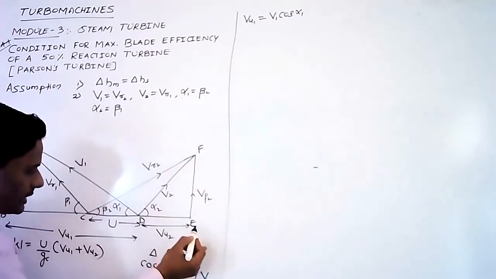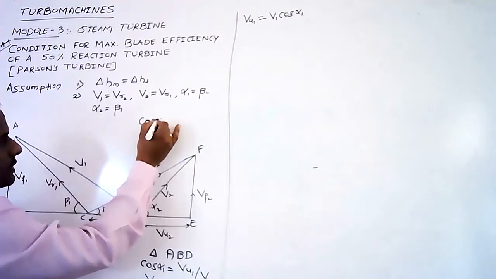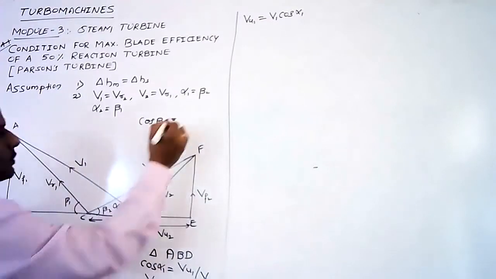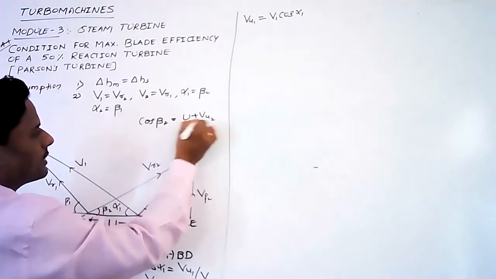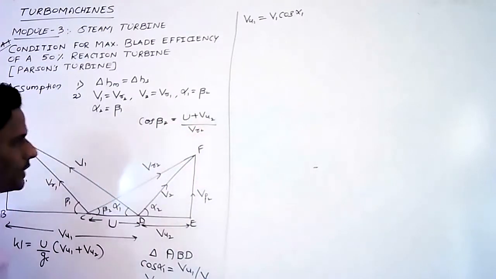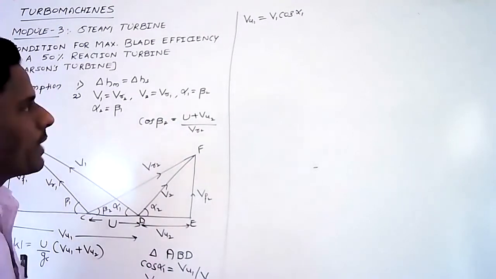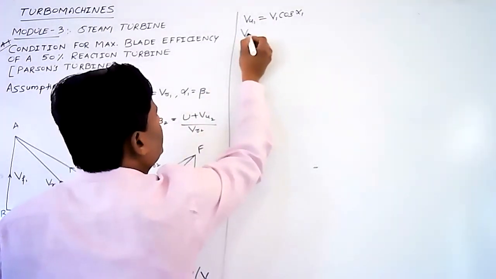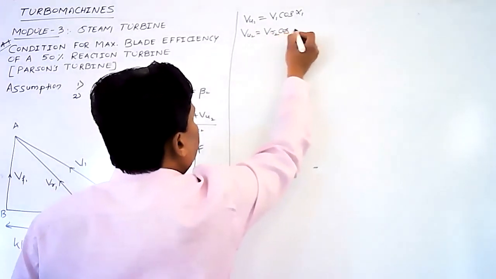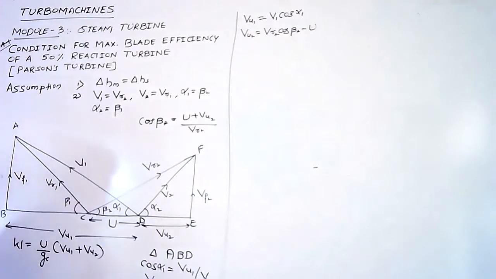From the triangle FEC, cos beta 2 can be written as the total base, U plus Vu2, divided by the hypotenuse Vr2. Just doing the cross multiplication, Vu2 equals Vr2 cos beta 2 minus U. So let us substitute Vu1 and Vu2 in this equation.